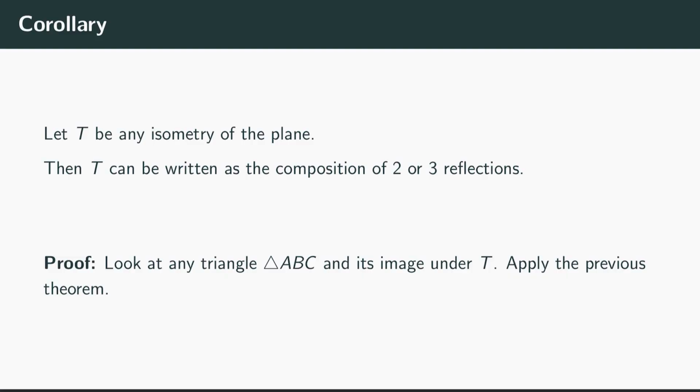So all you have to do is take any triangle, your favorite triangle, look at its image under T, then you can construct an isometry that takes triangle ABC to its image under T. We can decompose that as 0, 1, 2, or 3 reflections by our previous theorem. And then by the uniqueness, T is equal to this composition of 0, 1, 2, or 3 reflections.